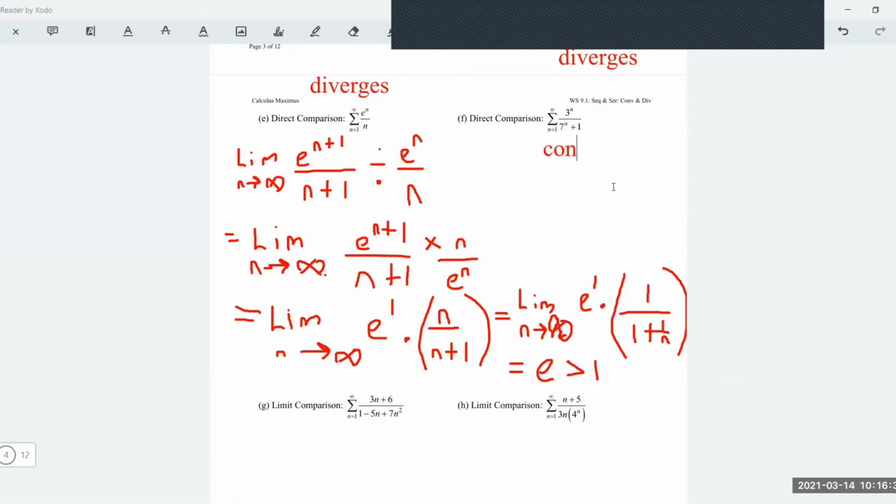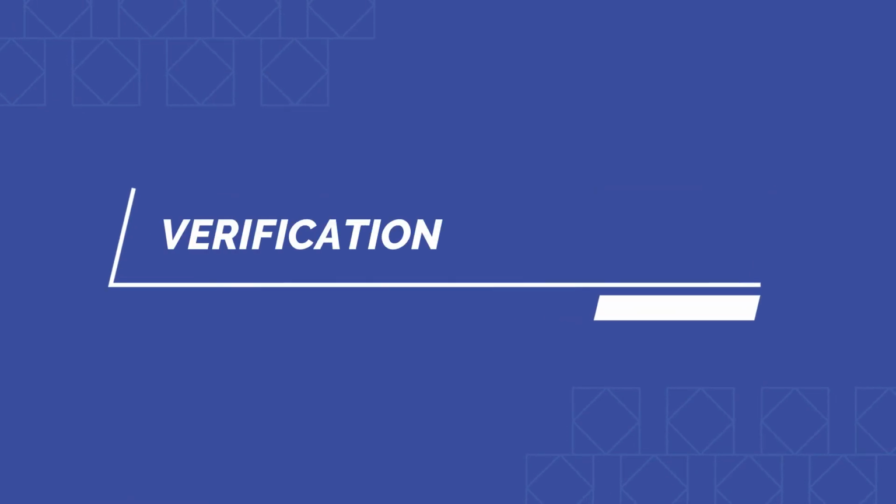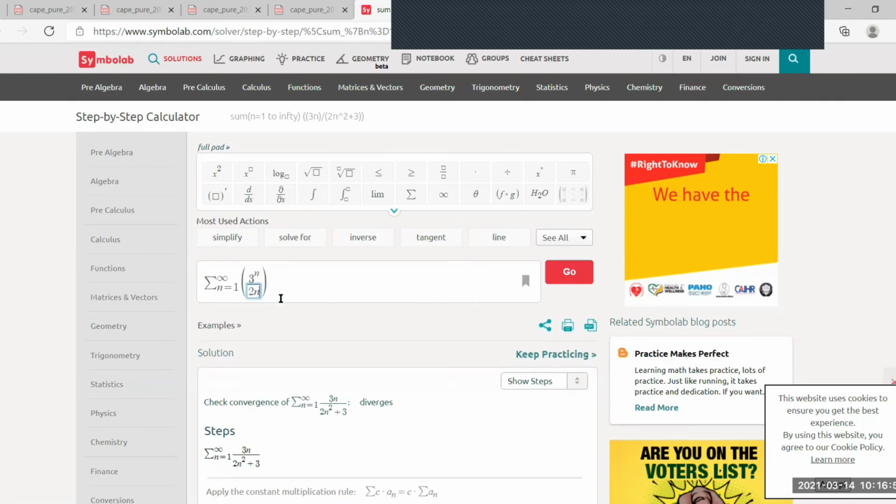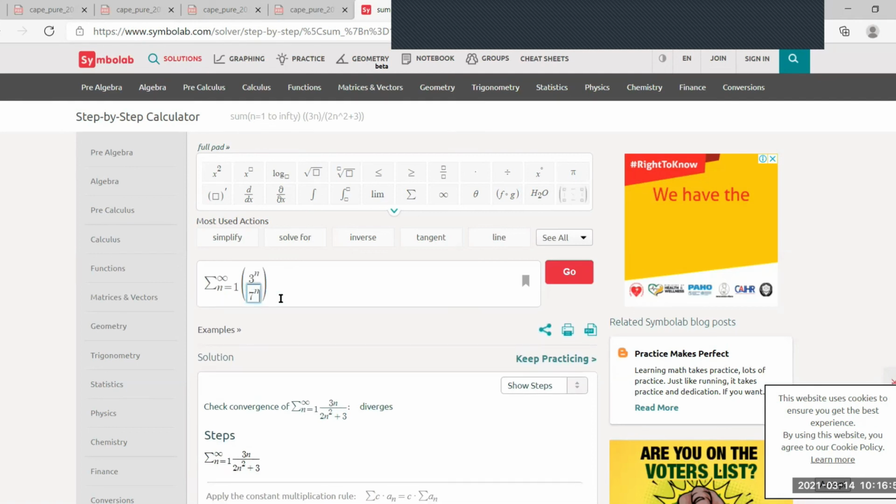Of course, anything I do, I like to verify. So I'm going to verify with you with Symbolab that it indeed converges. It was the sum from 1 to infinity of 3 to the n over 7 to the n plus 1.